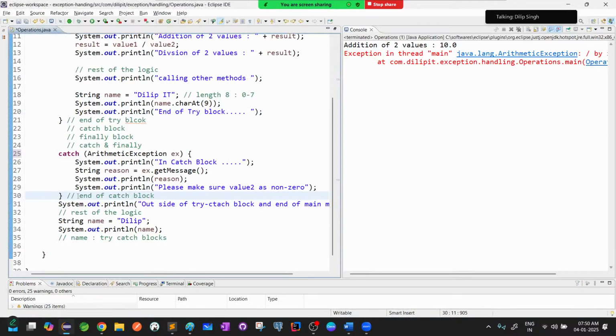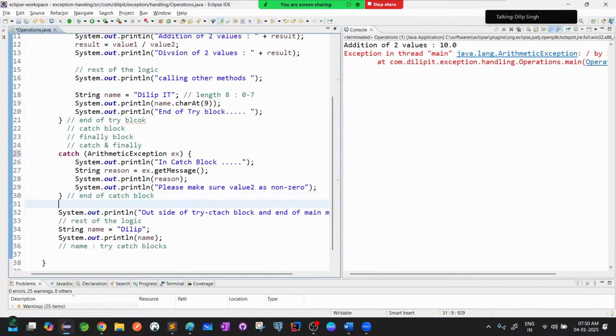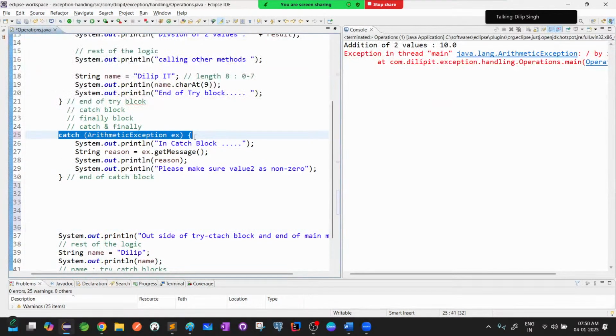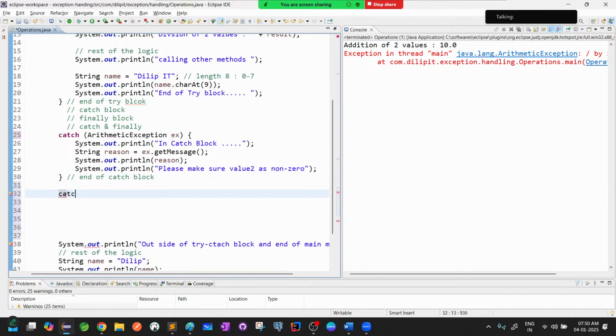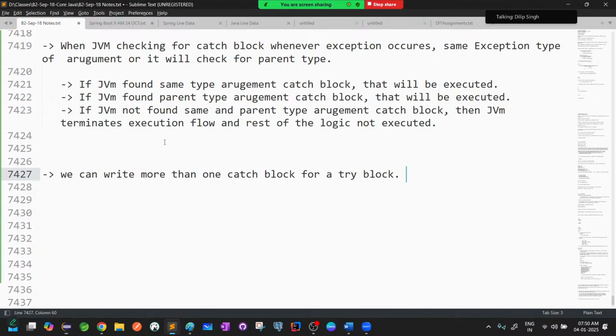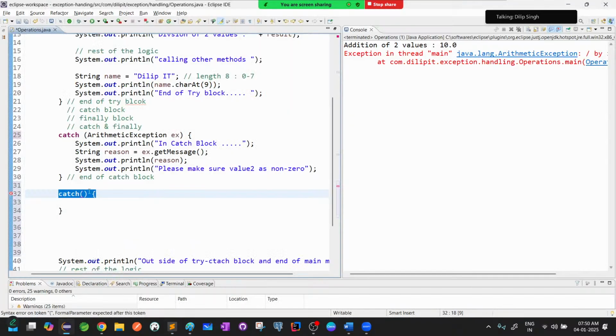So let's define one more catch block. The first catch block has a start and an end. After that you write one more catch block, with an exception type argument. You are already handling arithmetic exception.